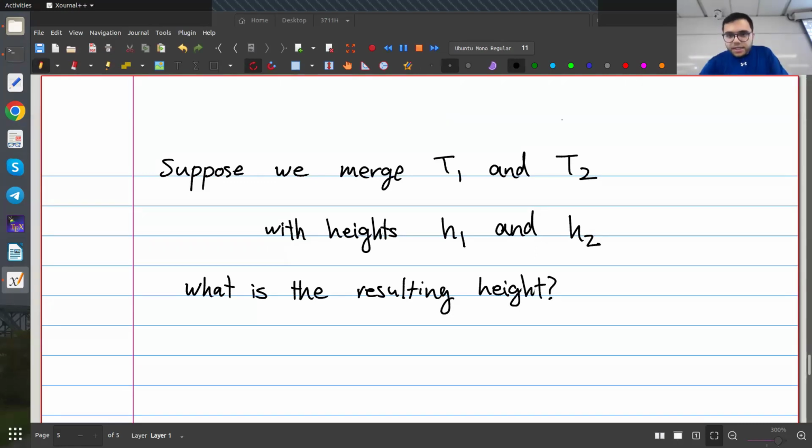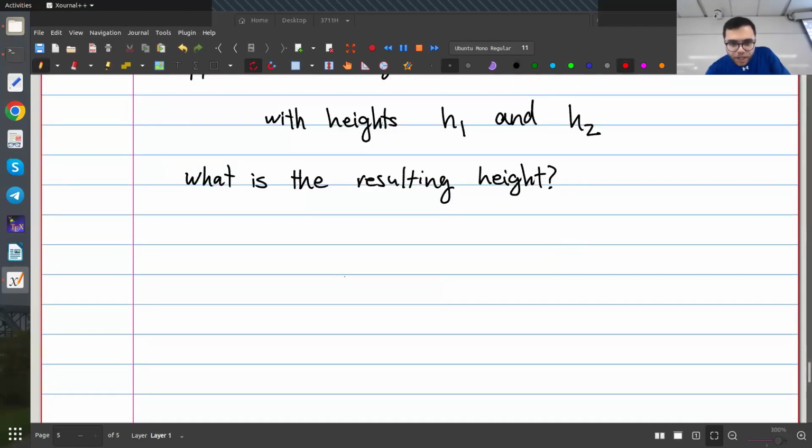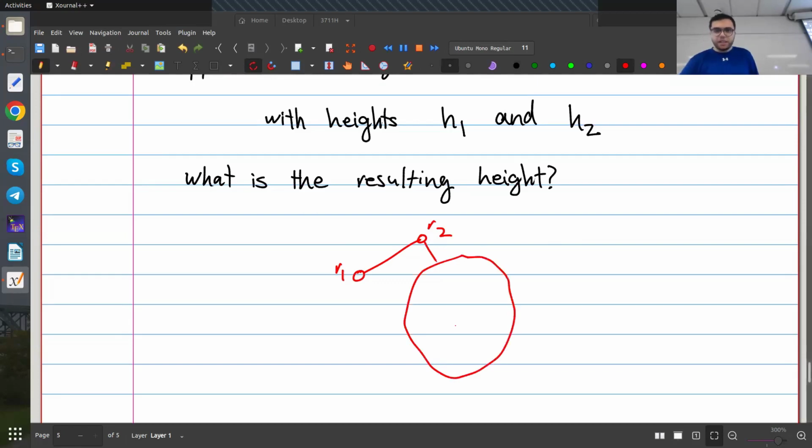So here's the thing. Let's say this one had root R1 and this one had root R2. So I'm making R1 a child of R2, right? R2 already has all the children and descendants that it had before. So it has a bunch of things here. And we know that this part had a height of H2. R1 also has all the children and descendants that it had before.